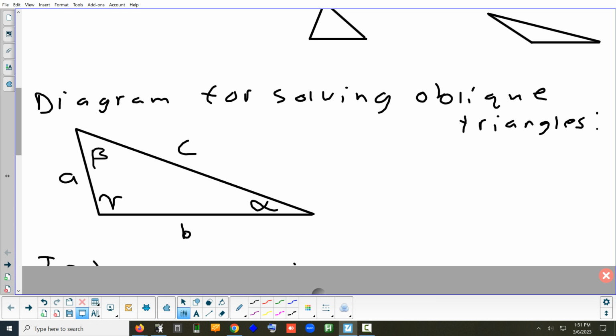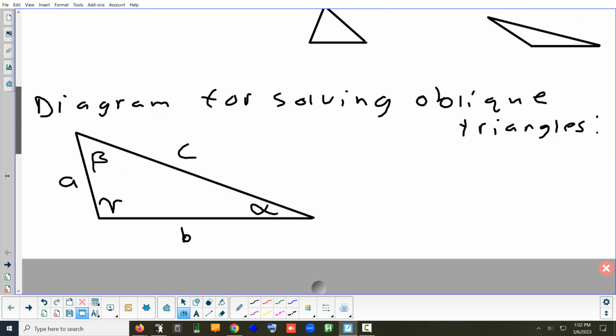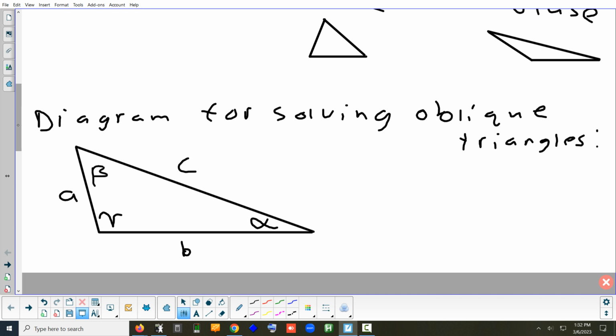So there's 6 pieces of information that you have to find here: 3 sides, 3 angles. In order to figure out the 3 sides and the 3 angles, I have to give you some information. In fact, I have to give you half the information. So out of the 6 things, I'm going to tell you 3 of them.